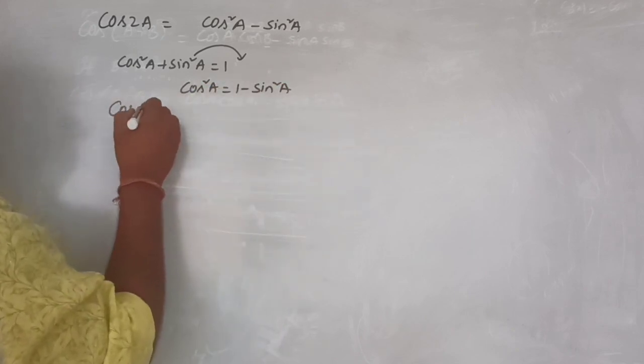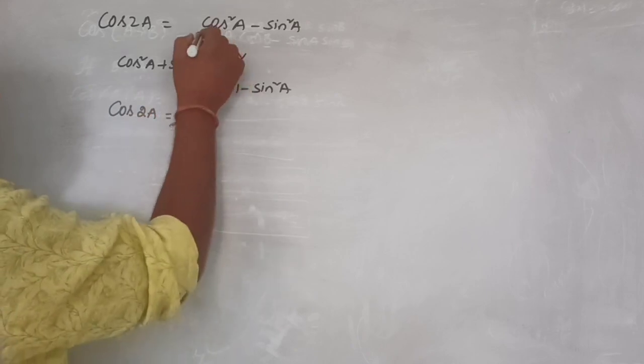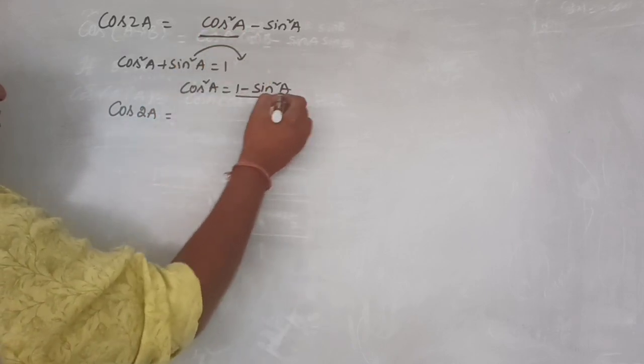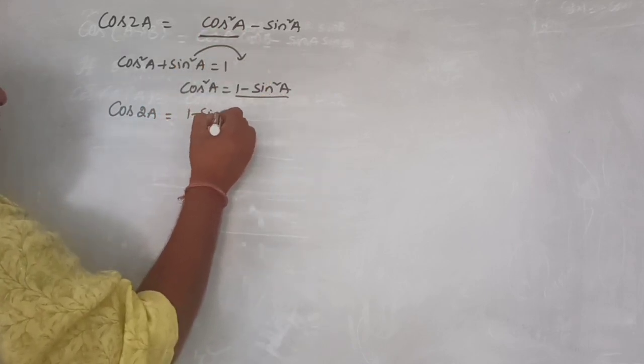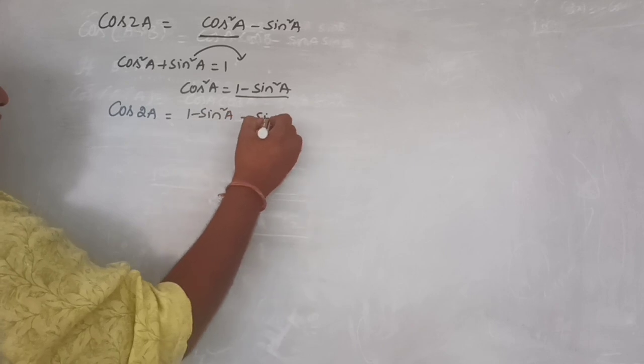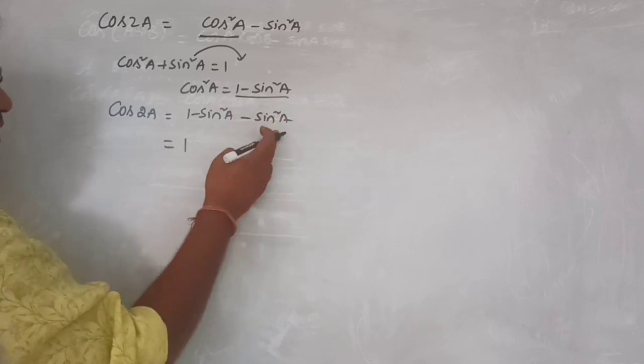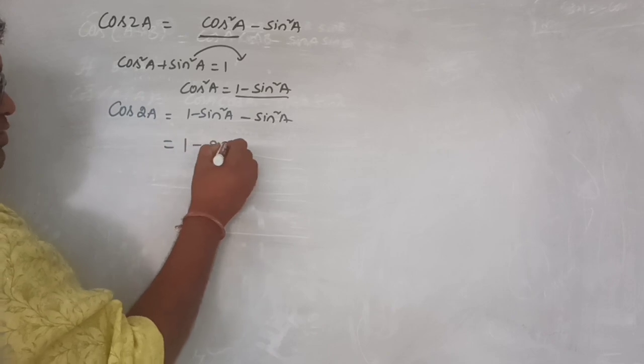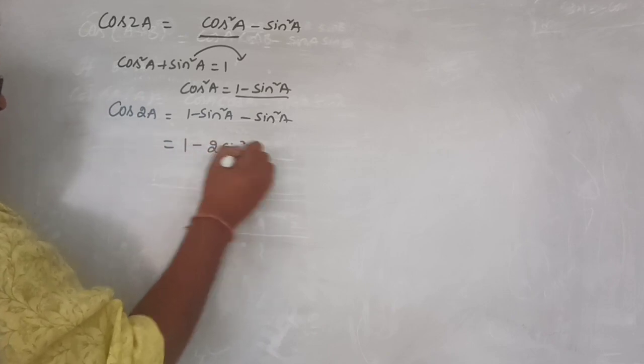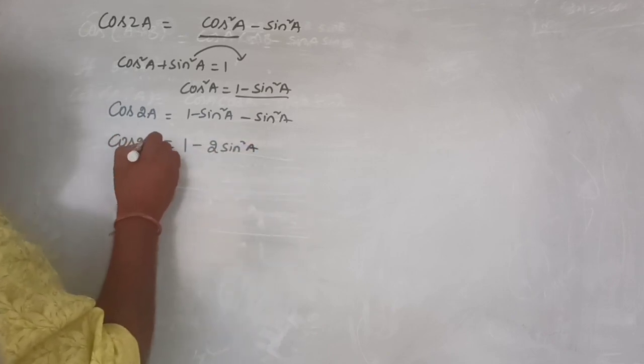Substituting, cos 2a is equal to 1 minus sin square a minus sin square a, which is 1 minus 2 sin square a. This is a cos 2a formula.